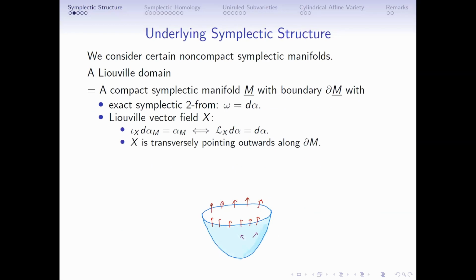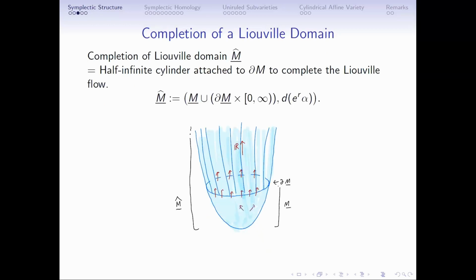Using the Liouville vector field, I want to build up a symplectic manifold. I will draw my Liouville domain, starting at the bottom, and build up. The completion of the Liouville domain is along the contact boundary.